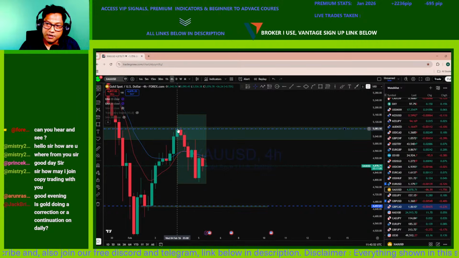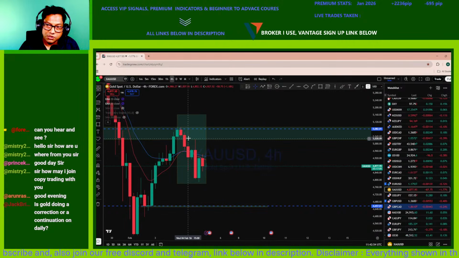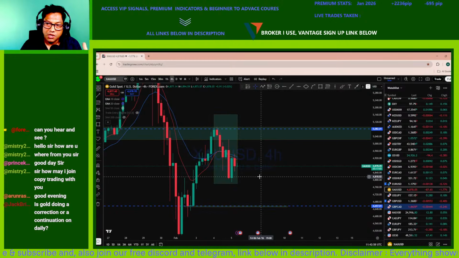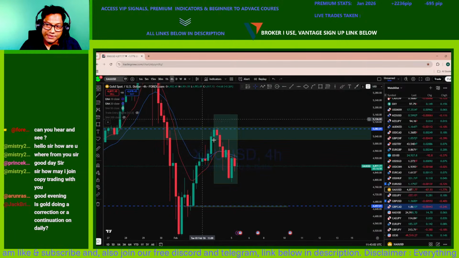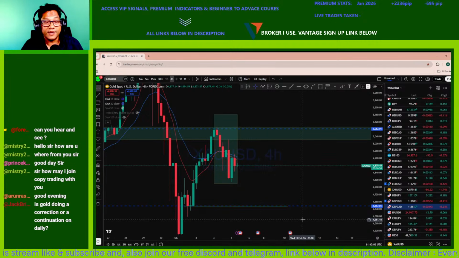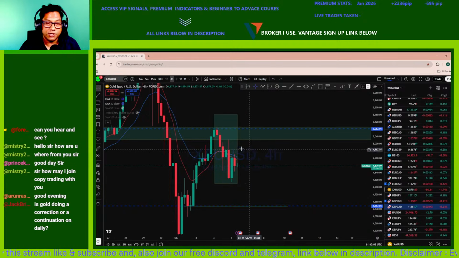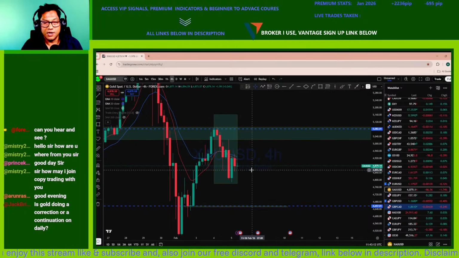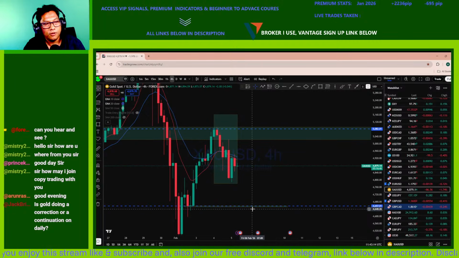Look at this zone, there is something that changed. See those red candles. During those periods, the sellers were in control of the market in this zone.